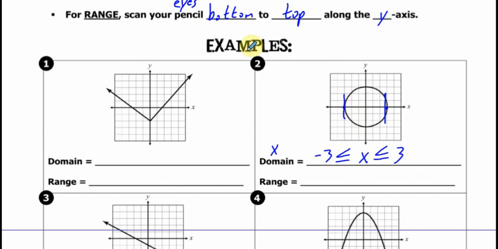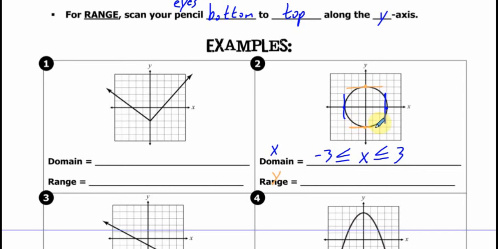Okay. Now the range is the y. So now I want to go along the y-axis. So as I trace my graph, which is a circle in this case, the highest point is right here. Draw a line through the y-axis. Again, as I follow my curve, my lowest point is right here.